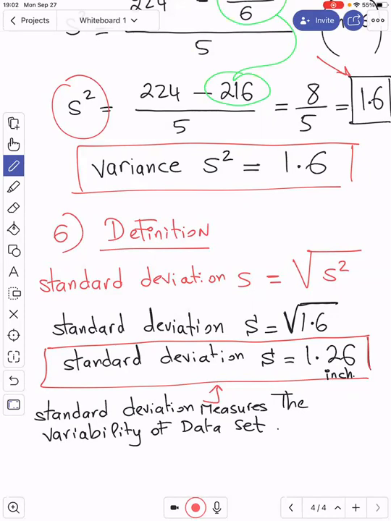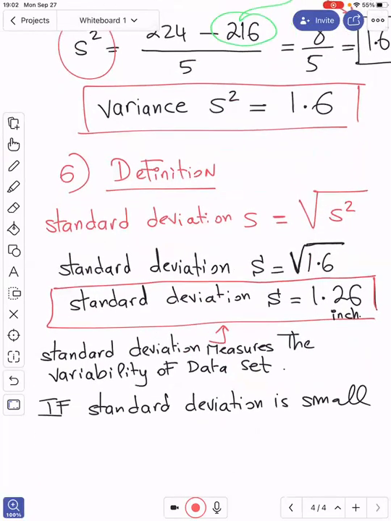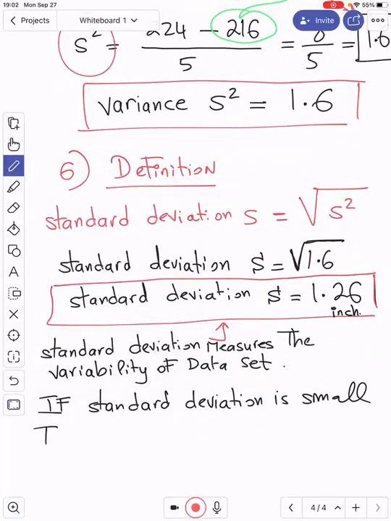So if your standard deviation is small, if this number here is a small number, then the spread of your data values is going to be small compared to the mean.